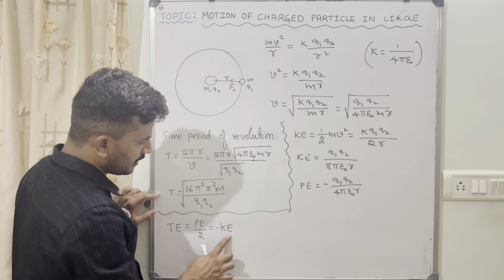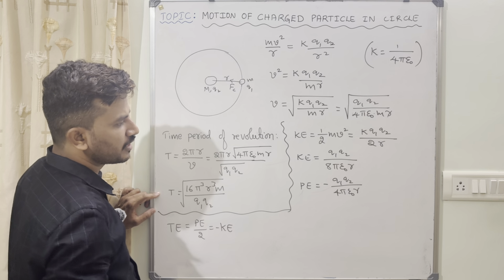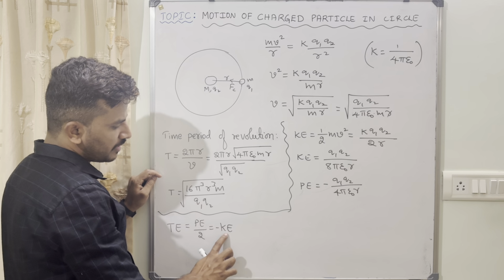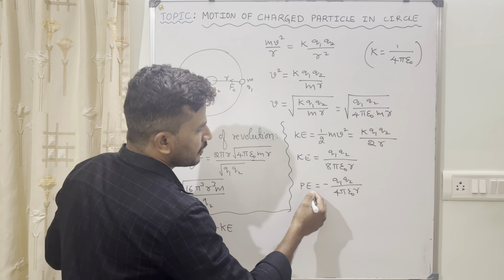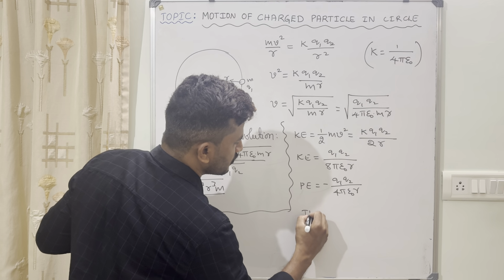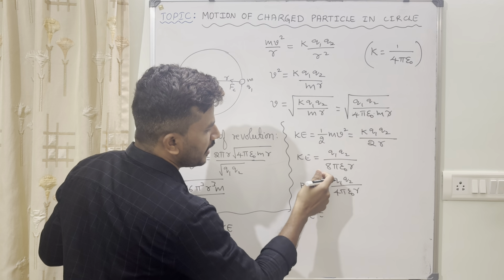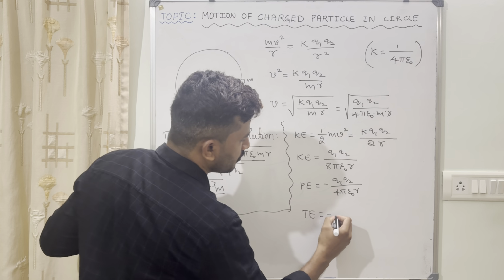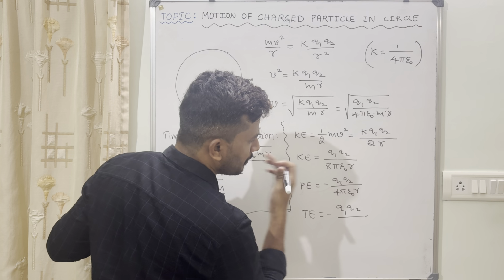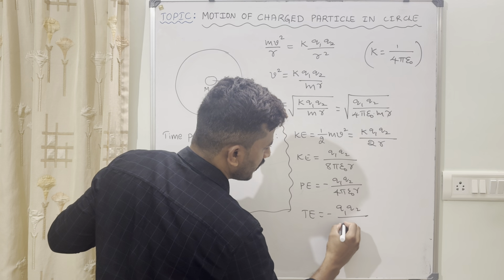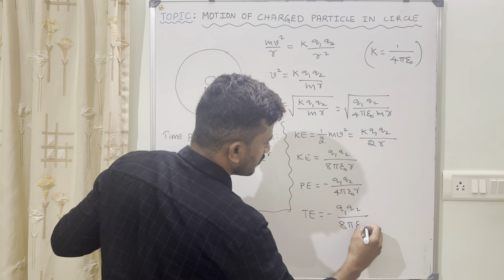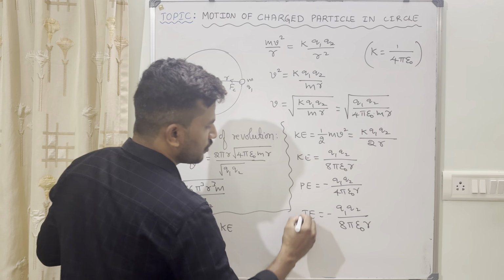Potential energy is negative, total energy is also negative, kinetic energy is positive. So total energy is how much? This one plus this one, 1 by 8 minus 1 by 4, we will get minus 1 by 8 only. So minus q1 q2 divided by 8 pi epsilon naught into r. This will be the total energy.